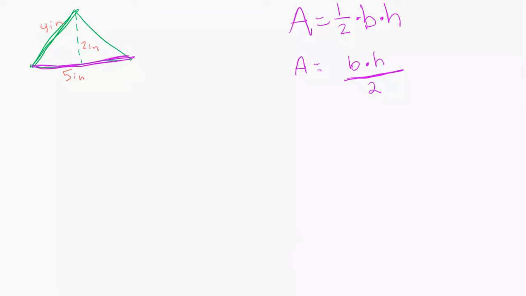So when I rewrite my formula, I do area is equal to, our base is 5, and our height. When we're measuring an object with a measuring tape, we usually measure it from the base, or wherever the object is sitting, to the very tallest point of the object.